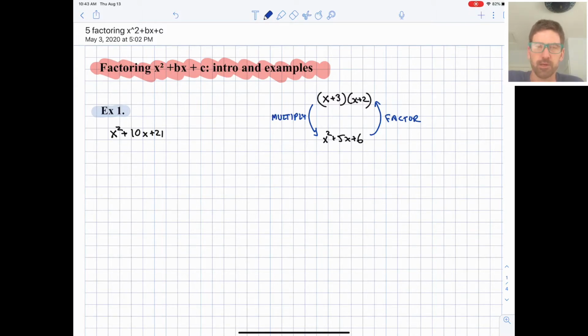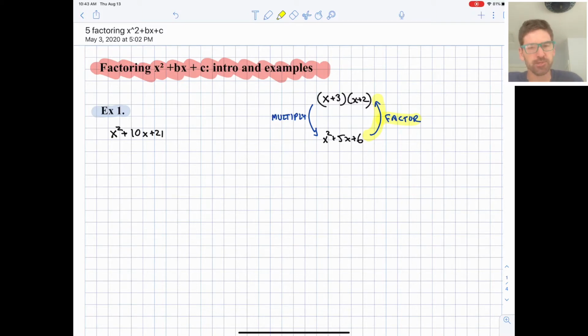But once we get to our quadratic functions unit, there are some incredibly useful real-world applications for this. So this is a skill that we're developing in this unit, which we'll then apply in our next unit. Today we are thinking about how we can factor, how we can undo the multiplication.